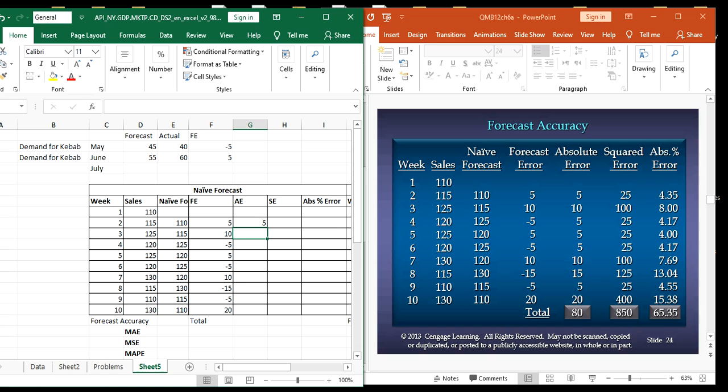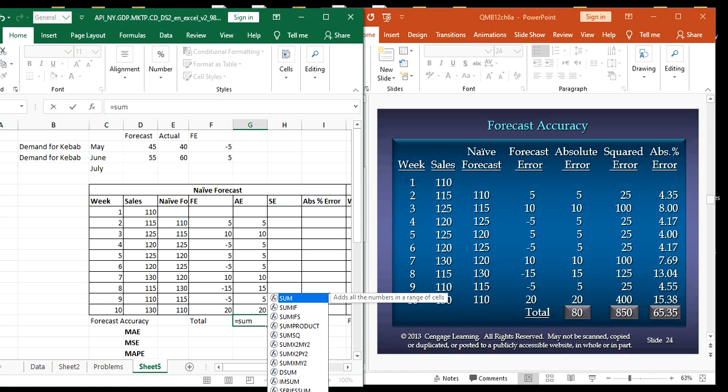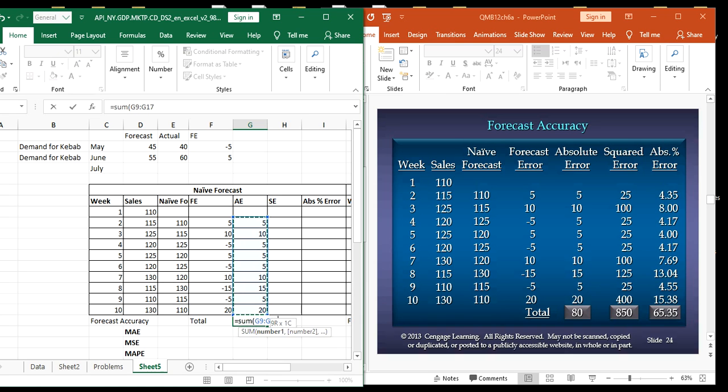And now we have 5, 10, 5, 5, 5, 10, 15, 5, 20. The sum of all of these is 80.